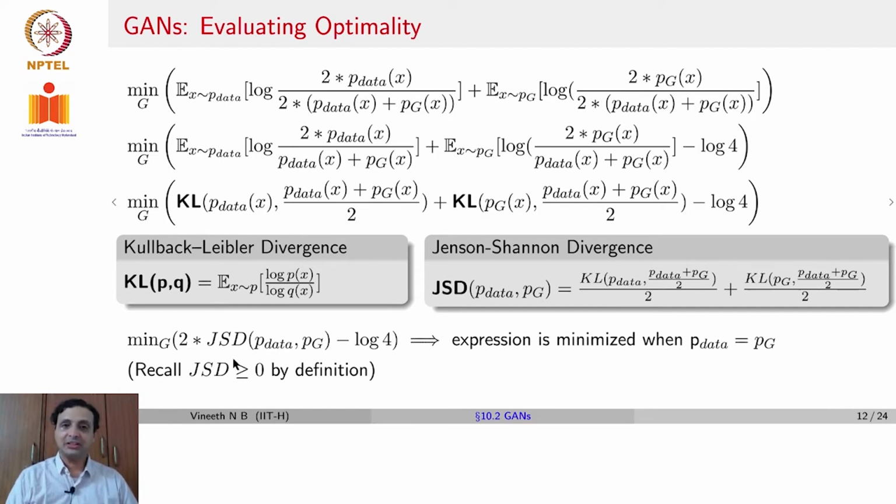Because Jensen-Shannon divergence is a non-negative quantity, this would be minimized when p data is equal to pg, because then this quantity would become 0 and you will be left with minus log 4. So the generator G is obtained when p data is equal to pg. We obviously knew this intuitively, but we also now see this mathematically.